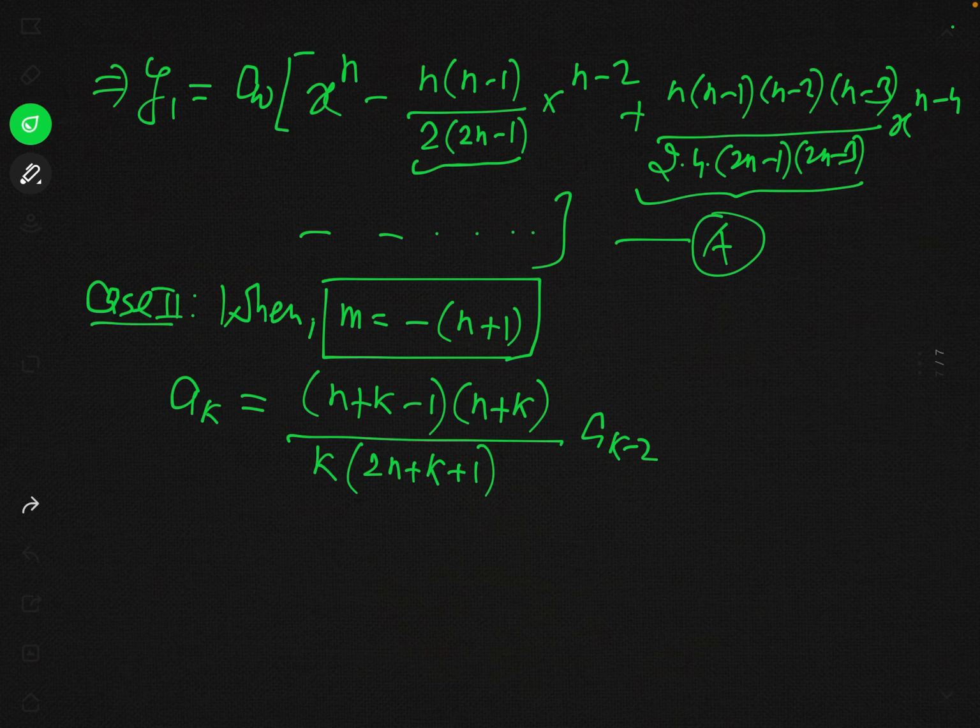So this will be the recurrence relation when we have taken the second root of the initial equation, that is m equal to minus n plus 1.